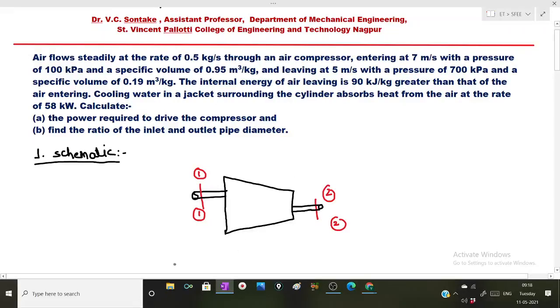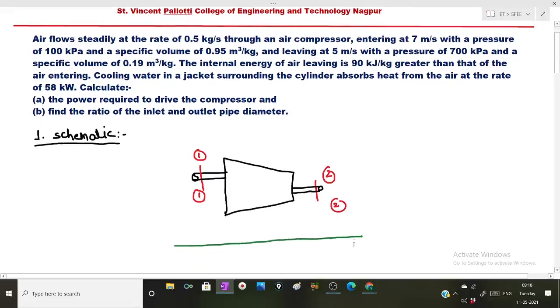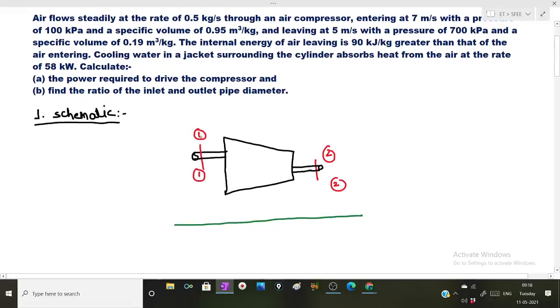Now let us say this rotary compressor is located with reference to some datum. Datum means reference point.